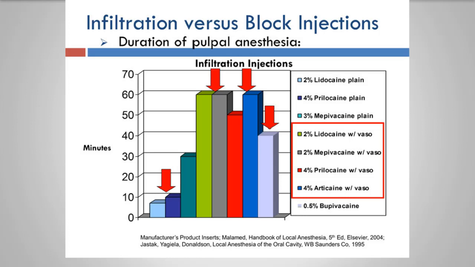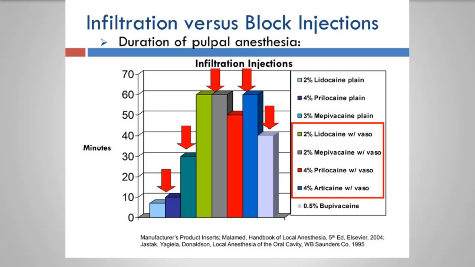Over on the far left, we can see plain anesthetics, plain lidocaine, plain prilocaine, very short pulpal anesthesia, 5 to 10 minutes at best. Now, plain lidocaine is no longer available in the dental market in a dental cartridge, so don't worry, that's not available to us. We could use a multi-dose vial from a medical supply, but I can't imagine why you would want to do that because there's no real advantage to plain lidocaine.